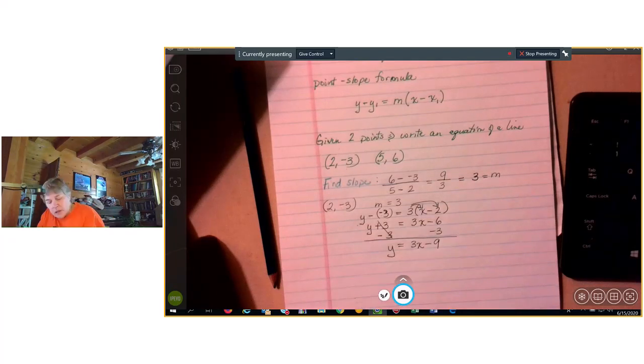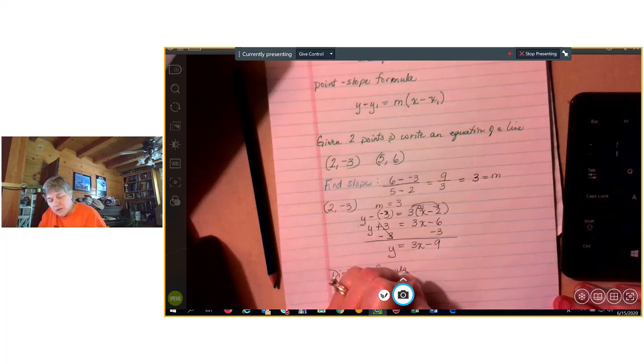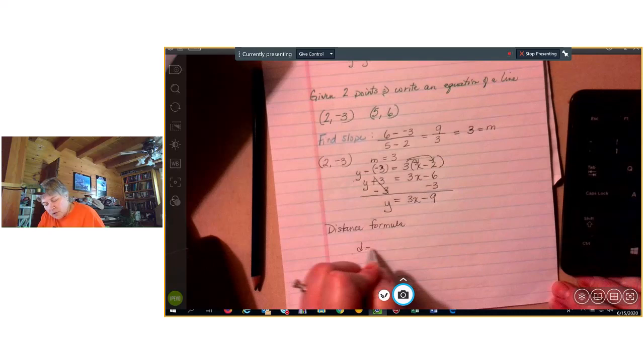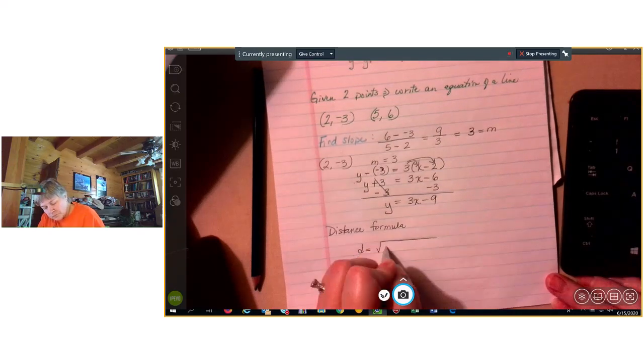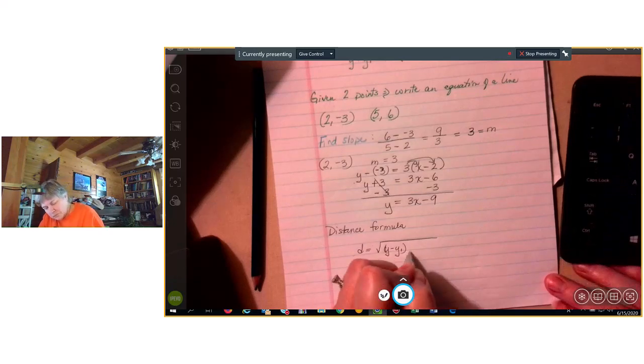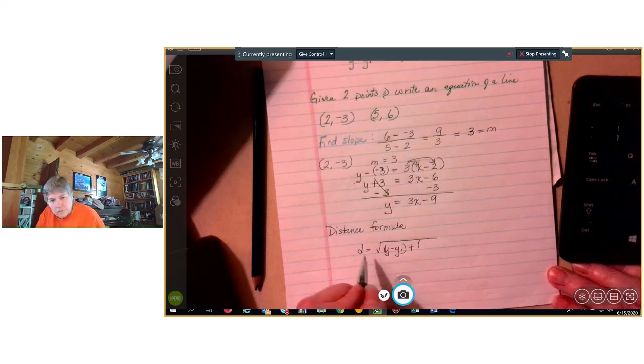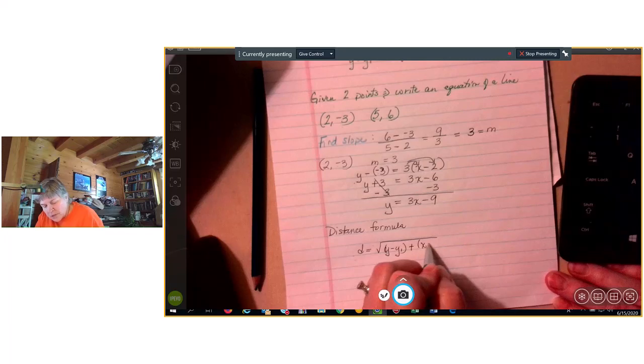Your distance formula is going to equal, the distance is going to equal... I always write it like this, but the book puts it the other way.